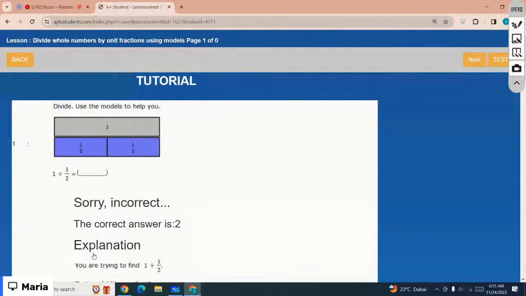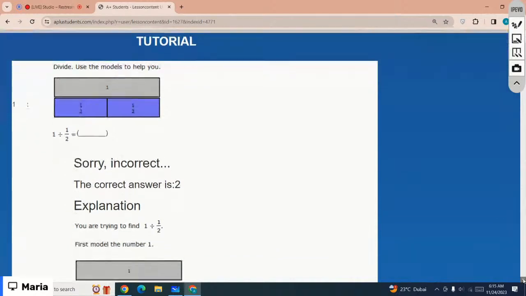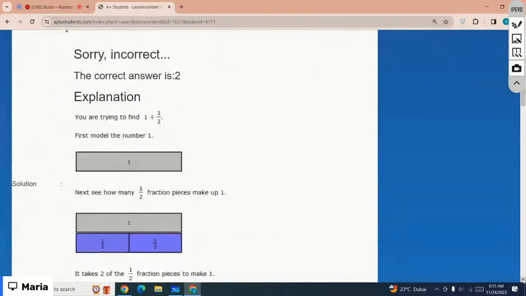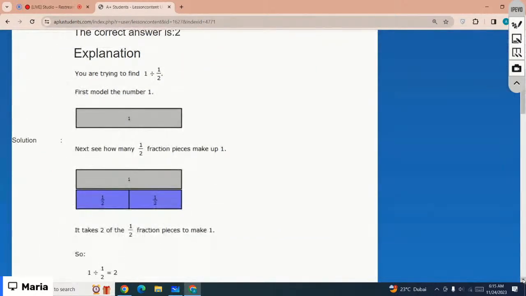Divide 1 divided by 1 by 2. Use the model to help you. Okay, the first model is 1, right? The next model, see how many 1 by 2 fraction pieces make up 1. That means 2 halves make 1, right?